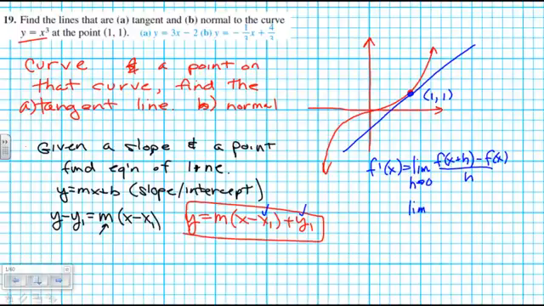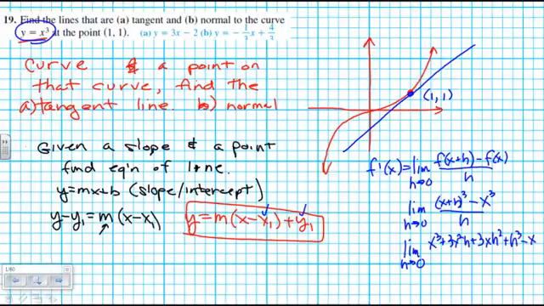But we know that if we define our function as being the cubic function, this turns into the limit of (x plus h) cubed minus x cubed over h, which is the limit as h approaches 0 of x cubed plus 3x squared h plus 3xh squared plus h cubed minus x cubed all over h.